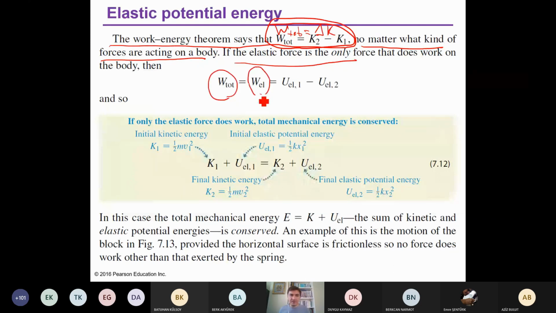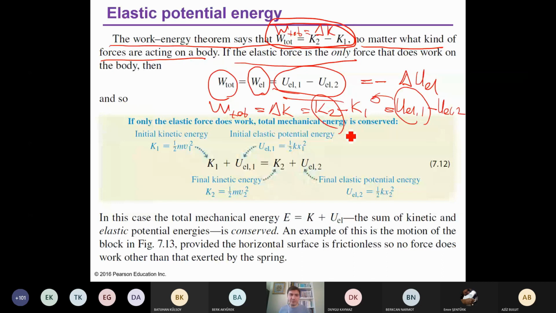So this W total is equal to delta K, which is K2 minus K1, and here it is equal to U elastic 1 minus U elastic 2. If you take this 1 to this side and this 2 to this side, finally you get this expression: initial kinetic energy plus initial elastic potential energy equals final kinetic energy plus final elastic potential energy.